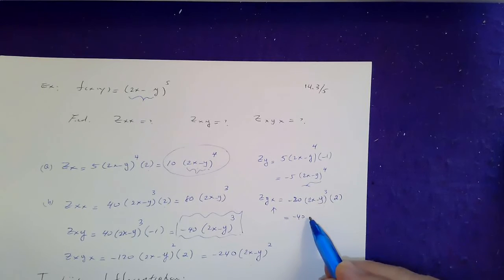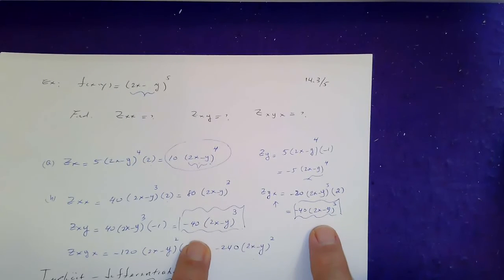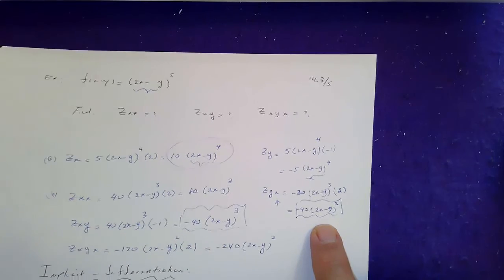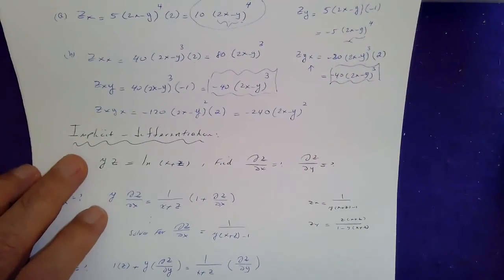So you get negative 40 times (2x minus y) cubed. Notice the mixed partials always come up the same, according to Clairaut's theorem.